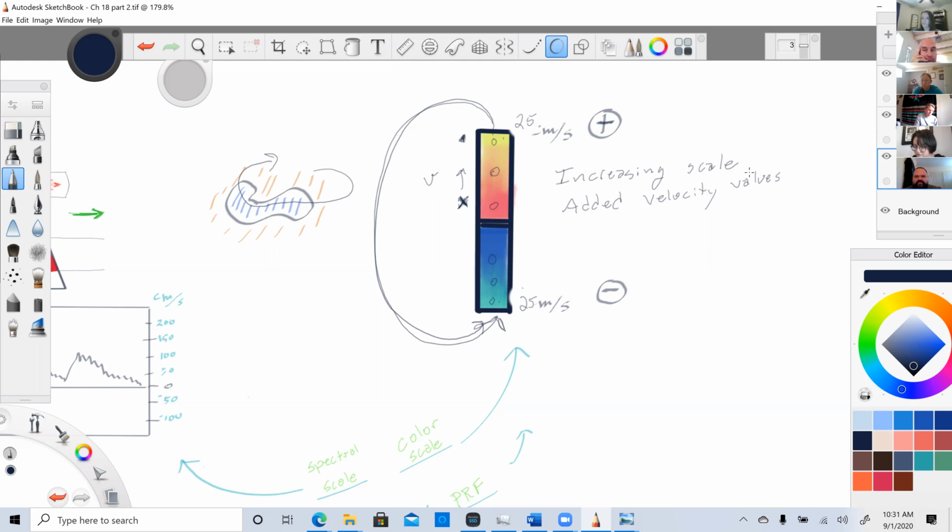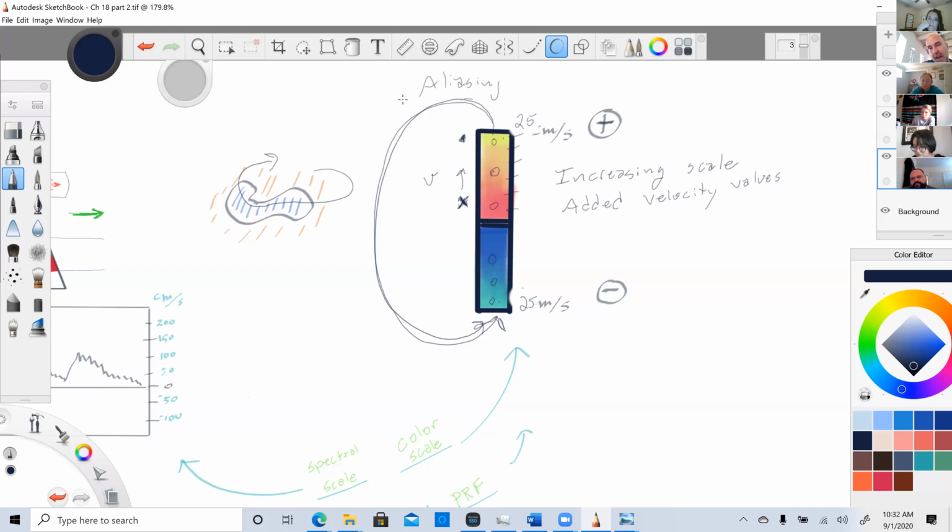Yeah, we've basically said, okay, computer, well, when we were down in a low PRF, a low scale, we had, you know what? I'll even put in imaginary hash marks for a low PRF scale, and so there's only so many velocity changes that we can go through before aliasing occurs.